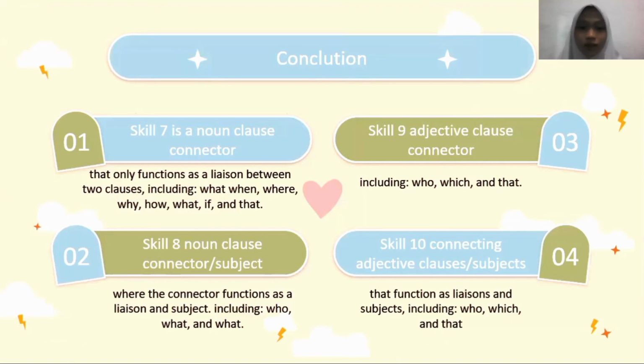Skill 8, noun clause connector or subject where the connector functions as a liaison and subject including who, what, and which. Skill 9, adjective clause connector including who, which, and that. Skill 10, adjective clause connector or subject that functions as a liaison and subject including who, which, and that.